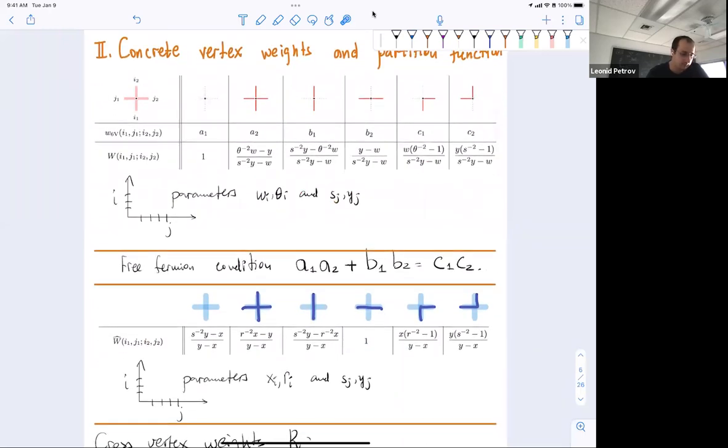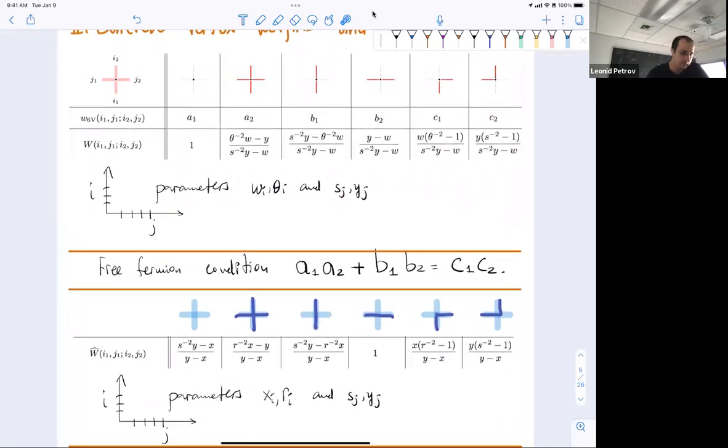The red and the blue weights. As I promised, they differ by normalization, but then I also call blue parameters XR and the red parameters W theta. So that if you replace W theta by XR and renormalize, you get the same weights. And my weights depend on essentially 4 parameters, and the differences of 4 parameters.